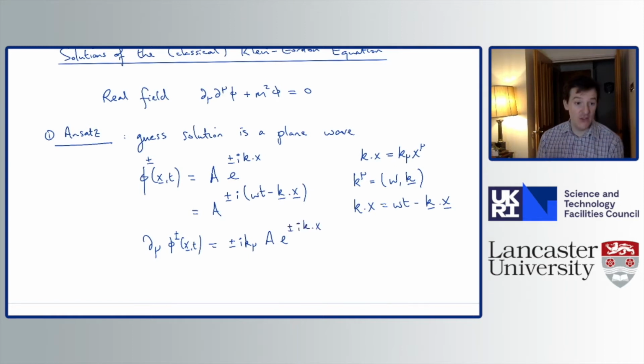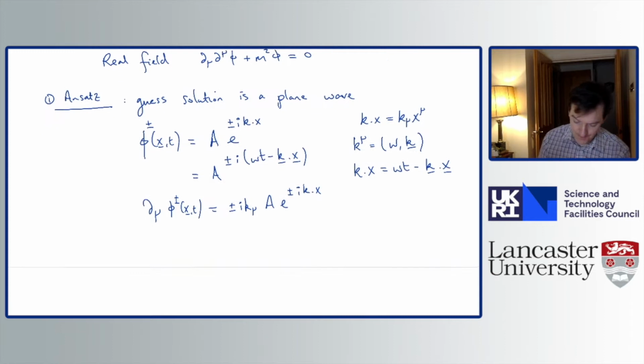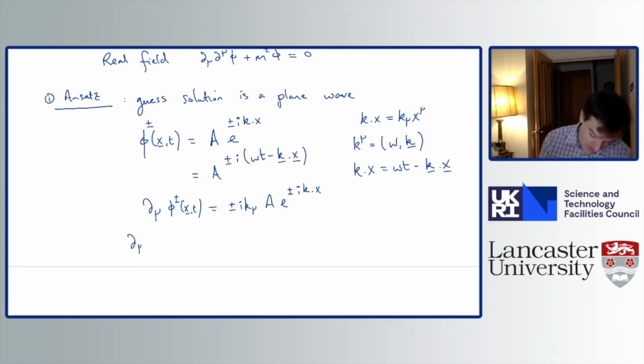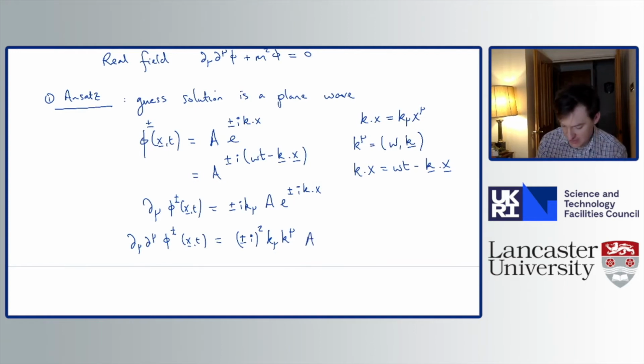If we differentiate twice, which is what we have to do because it's the double derivative that enters into the Klein-Gordon equation, we simply pull down 2 factors of k, one with an index up, one with an index down, as follows, and we keep the exponential, so it's a e to the plus or minus i k dot x.